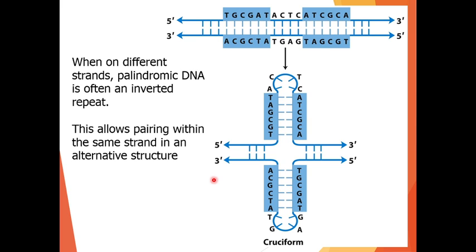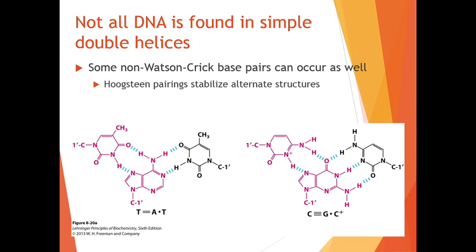Nucleotides participating in a Watson-Crick base pair can form additional hydrogen bonds with a third strand, as shown here. This is the usual Watson-Crick hydrogen bonding between adenine and thymine, as shown here. The adenine can also form additional hydrogen bonds with another thymine molecule.